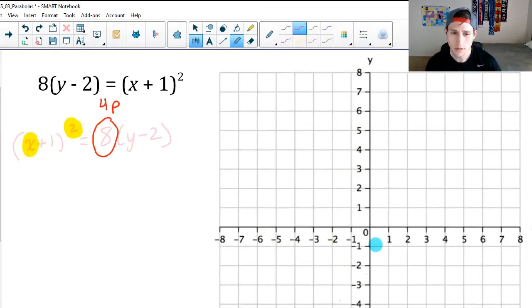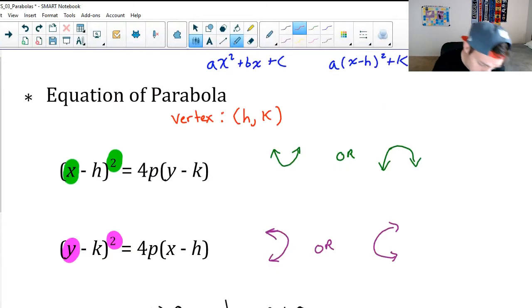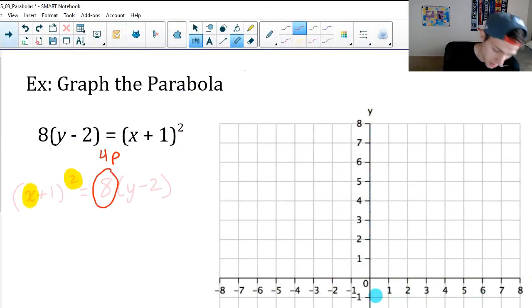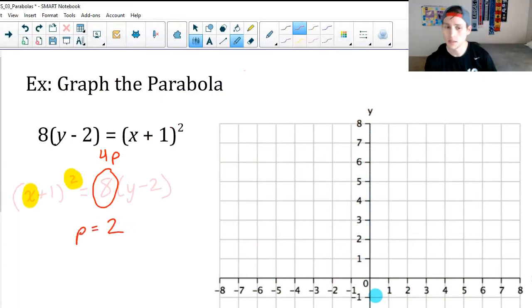In my equation, in front of that y minus whatever, that's where the 4p should be. So right now my 4 times p is hidden as an 8. If 4p is 8, then what value of p makes 8? Well, 4 times 2 is 8, so we can determine that p is 2.